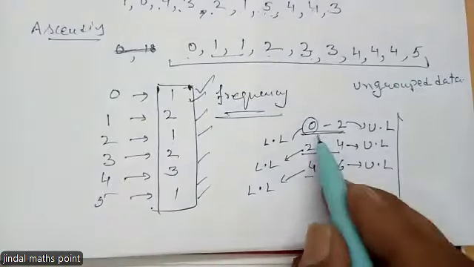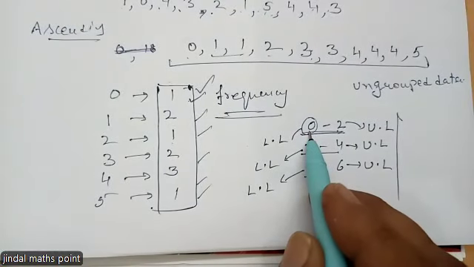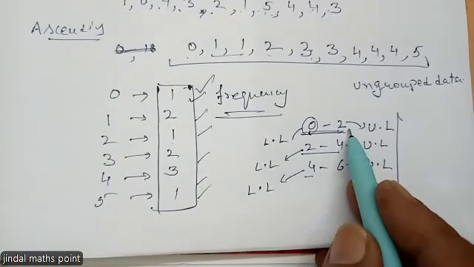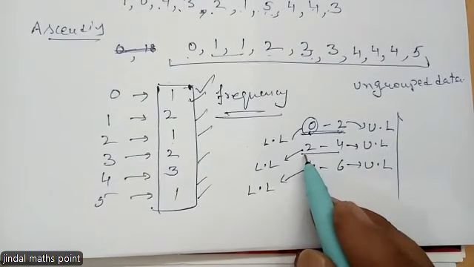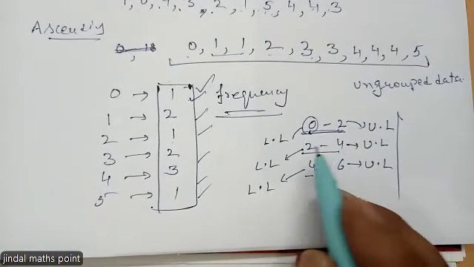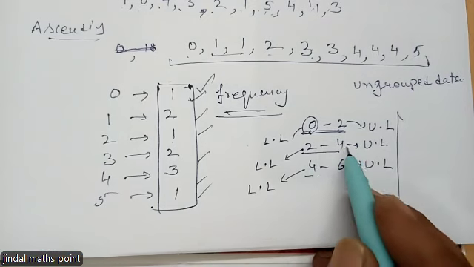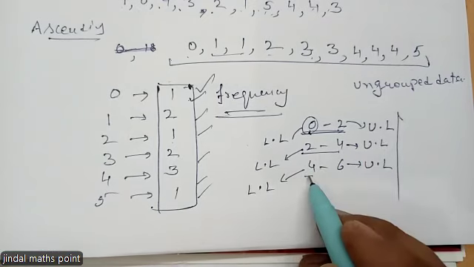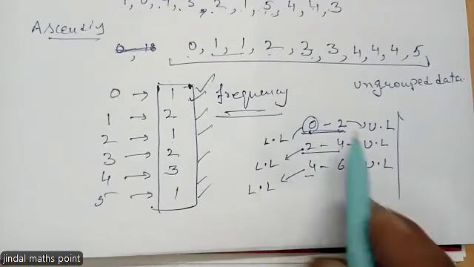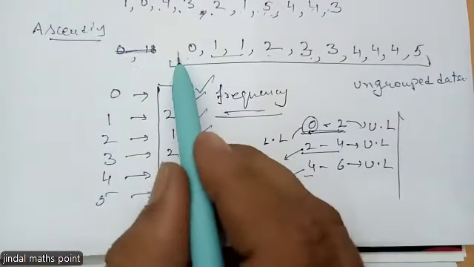Here, if I arrange this data, 0 to 2: 0 is included in the first class interval and 2 is not included. In the second, 2 is included, 4 is not included. From 2 to 4, that means 2, 3. 4 is not included; 4 is included in the next interval. From 0 to 2, how many values are there?